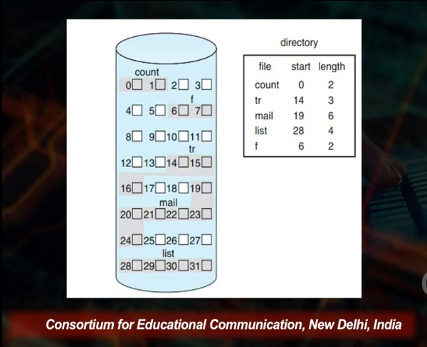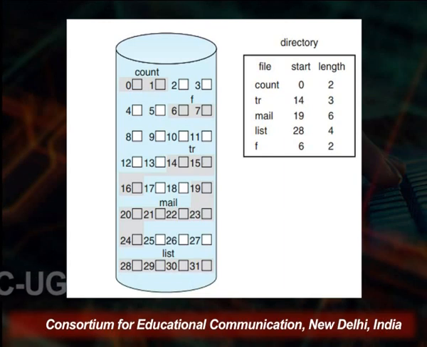When we talk about continuous allocation, let's say we start a file named count, and the start is block number 0. What is the length? This file count is spanning two blocks, block number 0 and block number 1.